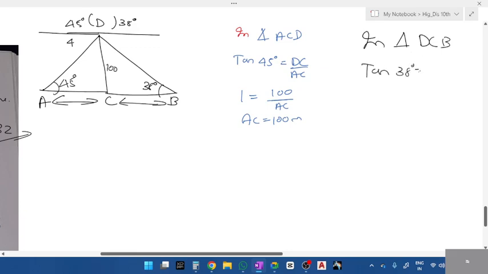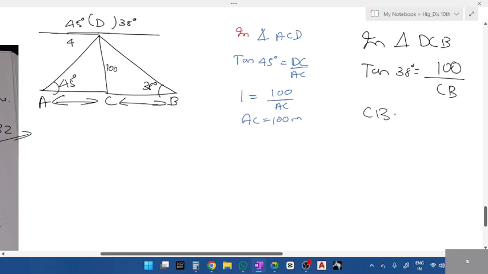Tan 38 is equal to 100 by CB. Fine. All of you stop writing and concentrate, students. This is what I have told you all. Stop writing. Look at the screen. In triangle DCB, what do we write? Tan 38 is equal to 100 by CB.